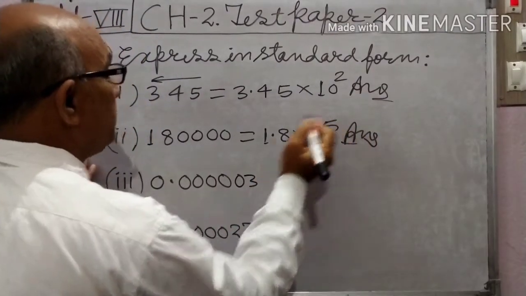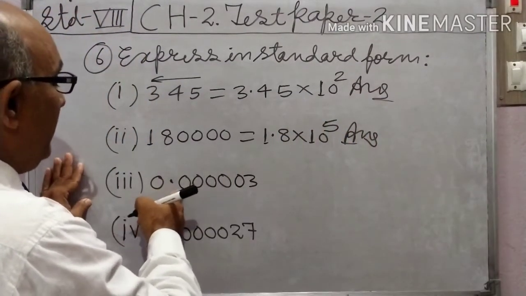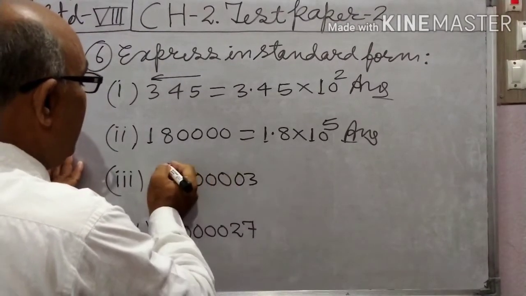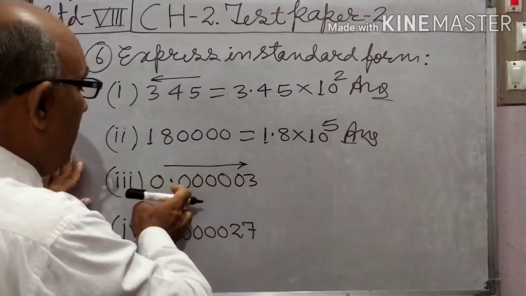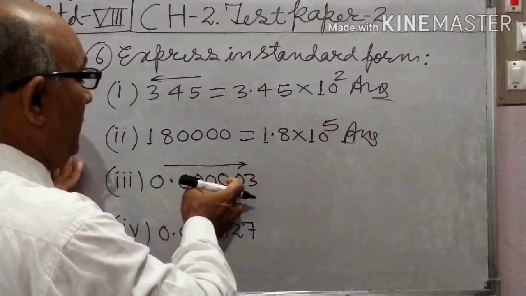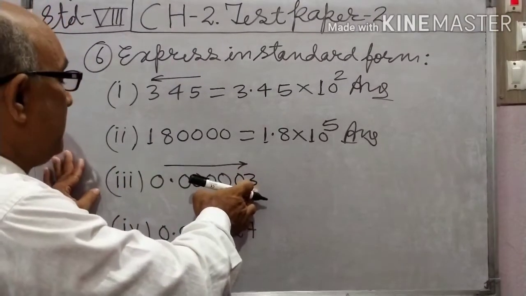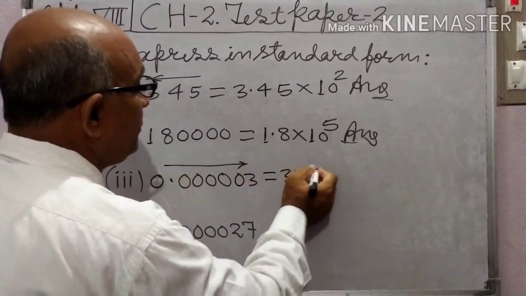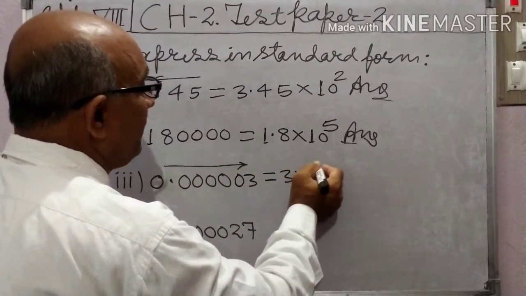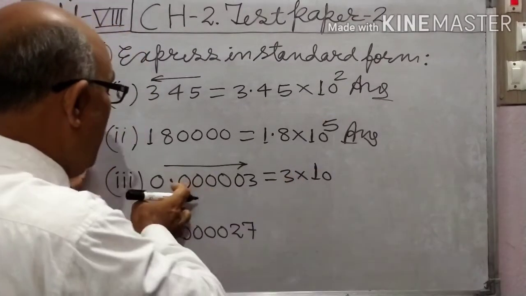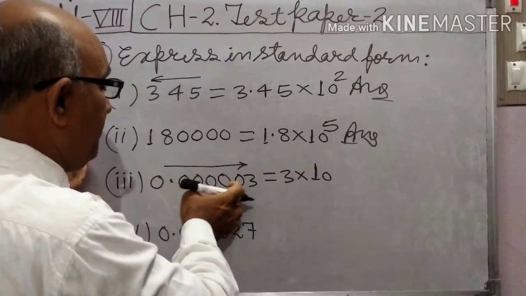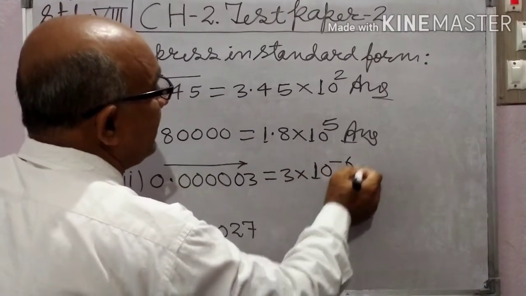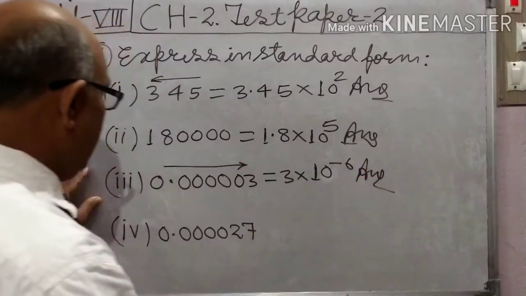Next, 0.00003. Here decimal shifted 1, 2, 3, 4, 5, 6 places left to right. So we write it 3 into 10 to the power minus 6, answer.